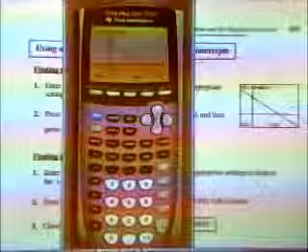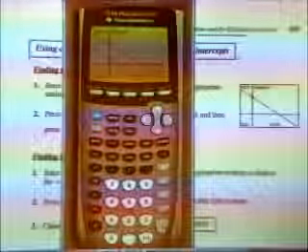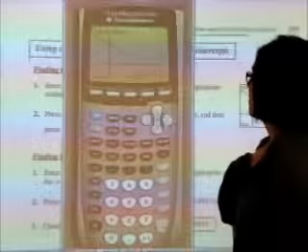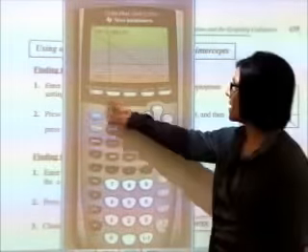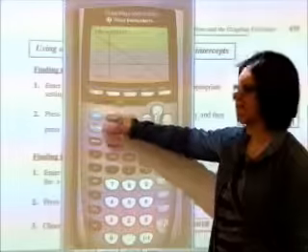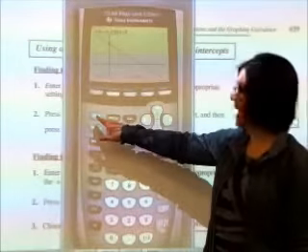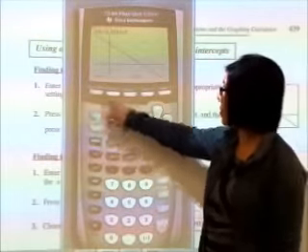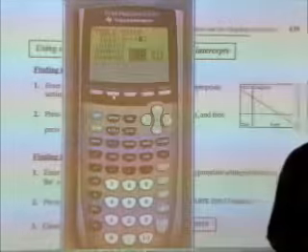Okay, so there's another way that I can find the y-intercept. I can go to my table. When I go to my table, I'd want to go to my table set.